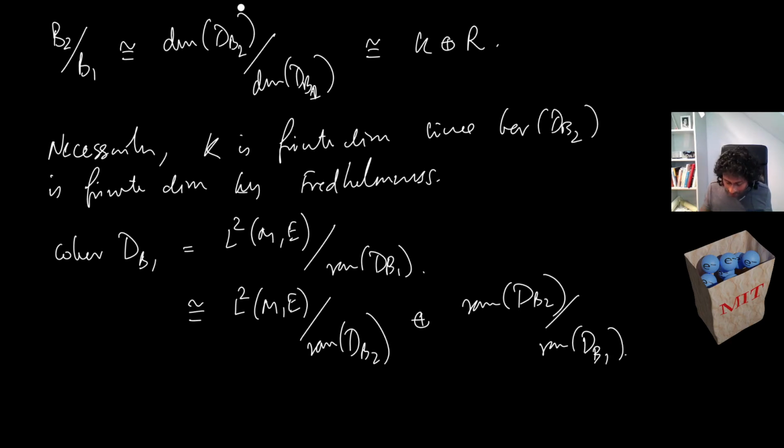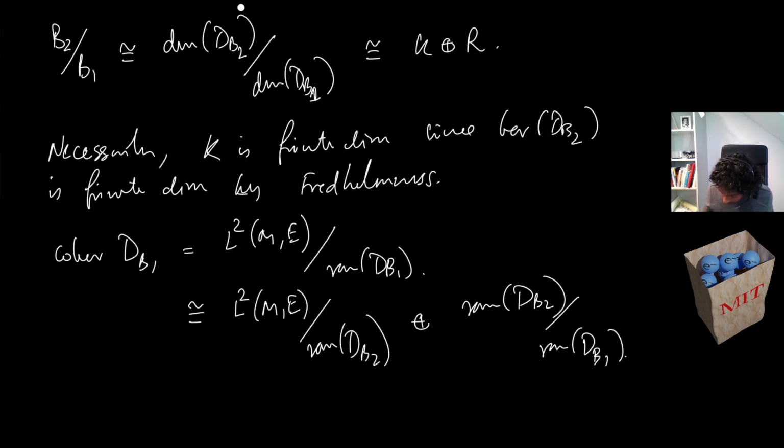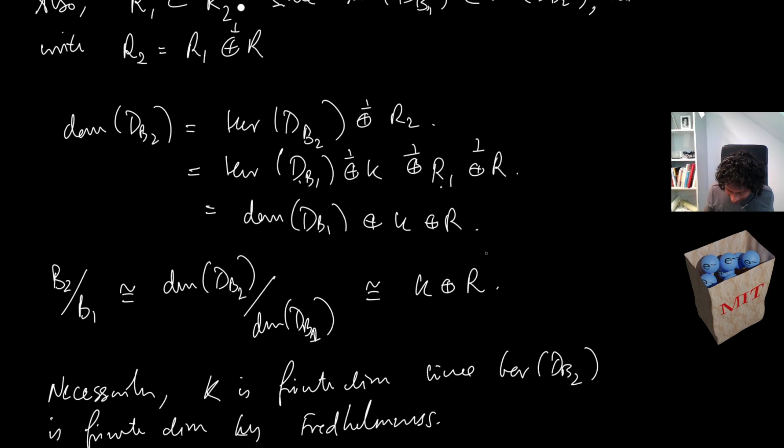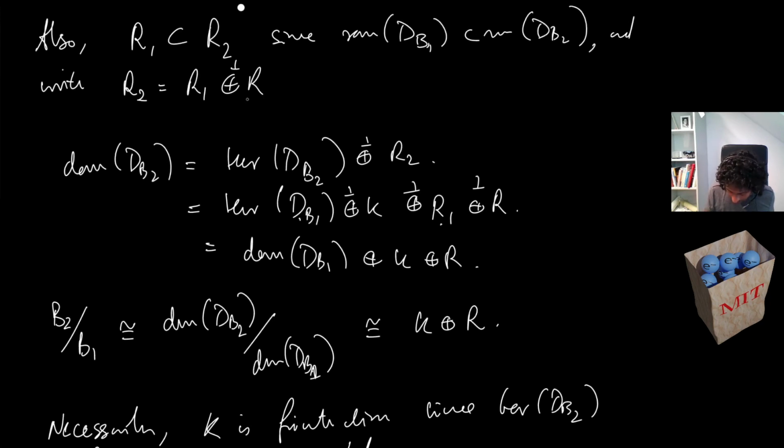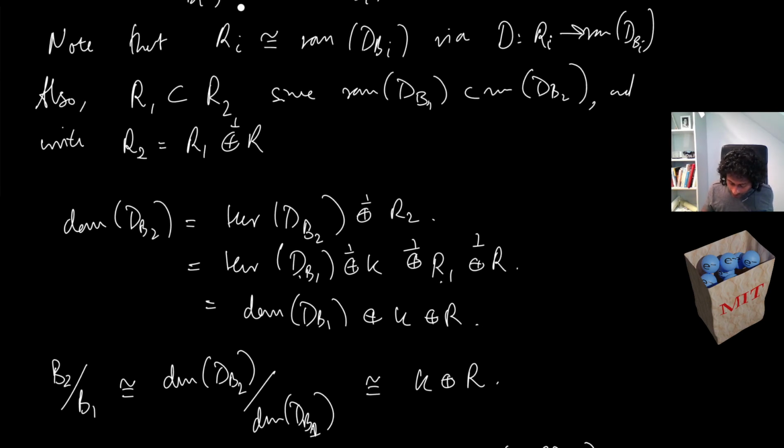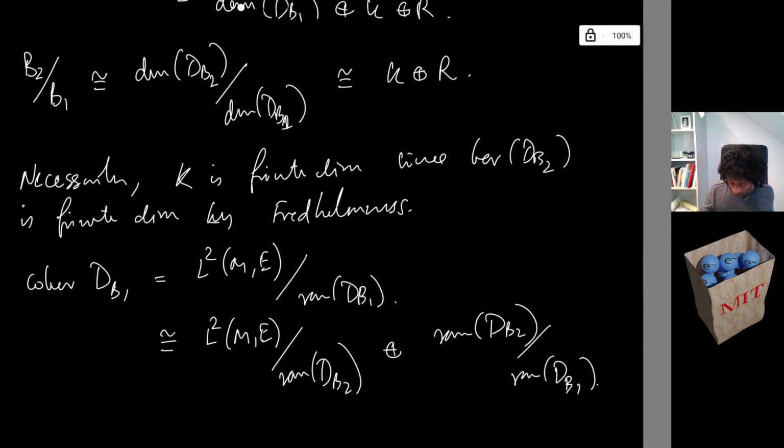And what is that? The range of dB2 mod out the range of dB1 is precisely R. It's going to be isomorphic to R because R1 is isomorphic to the range of dB1 and R2 is isomorphic to the range of dB2.